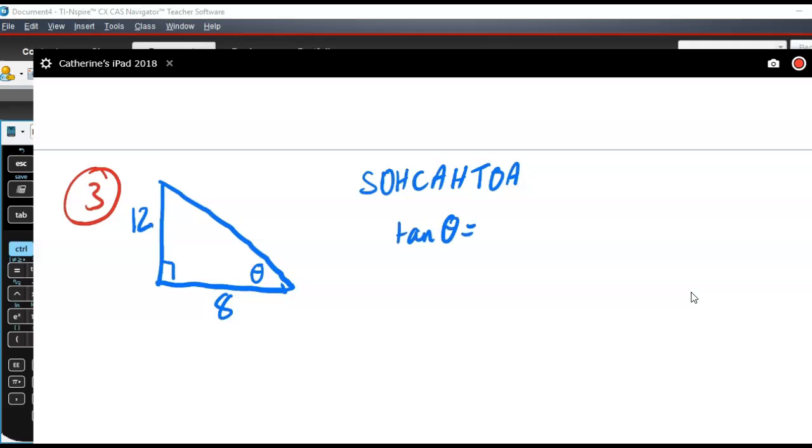So theta equals opposite over adjacent. And by the way, adjacent means next to. I'm sorry I didn't say that earlier. Adjacent means next to. So opposite, the 12 is opposite the theta. The 8 is next to the theta. That's how you can think of it. Adjacent means next to.